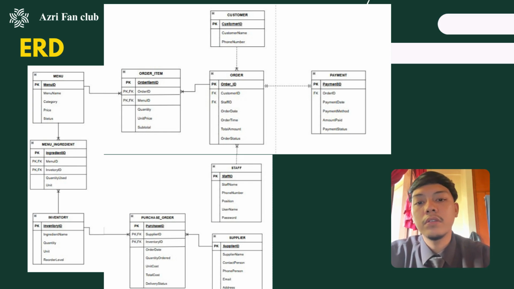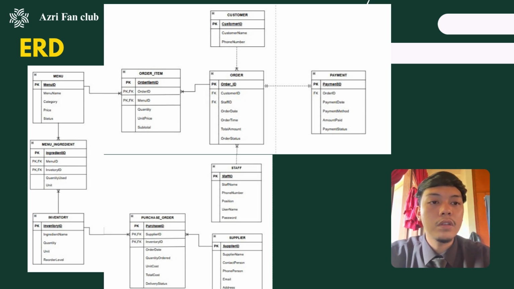This shows that one customer can place many orders, while each order belongs to only one customer. We can see the staff table has staff ID as its primary key, which is also a foreign key in the order table. This means one staff member can handle many orders, but each order is handled by only one staff member.